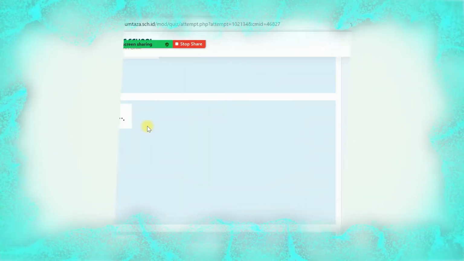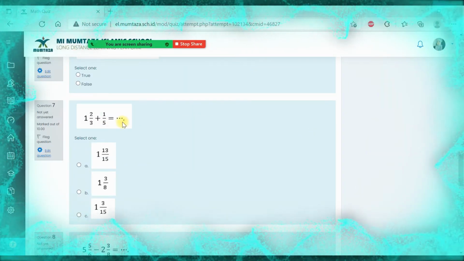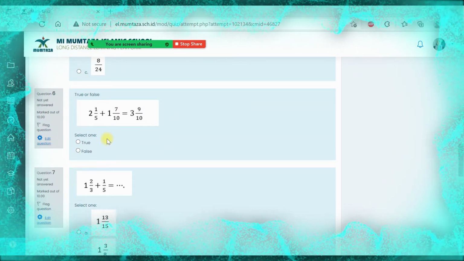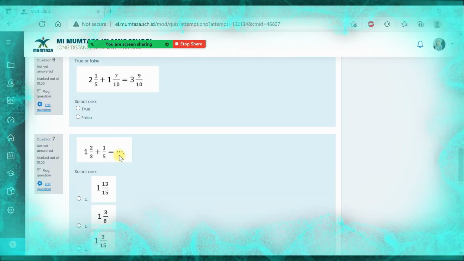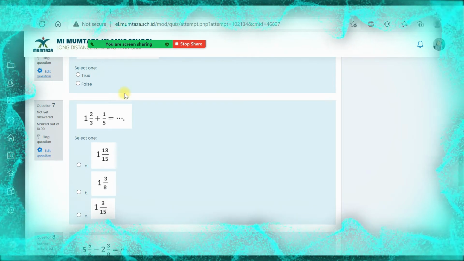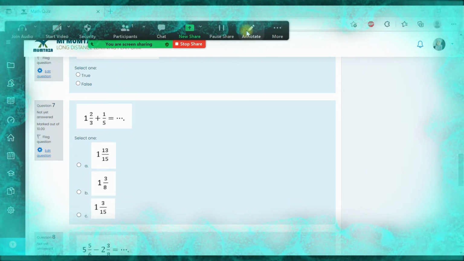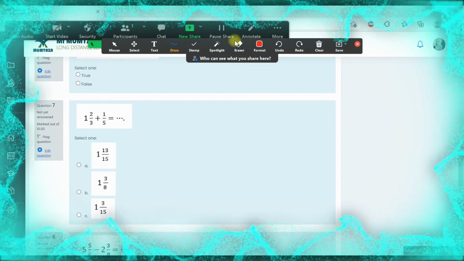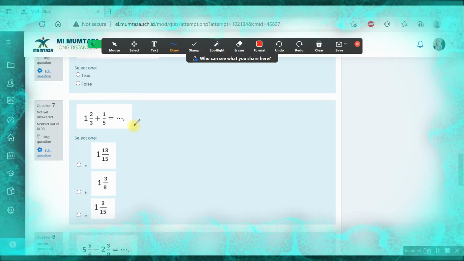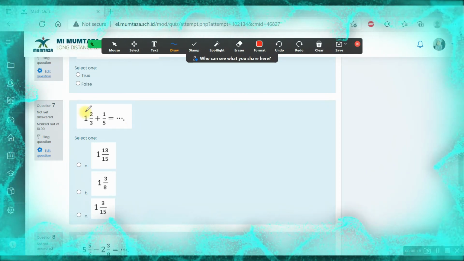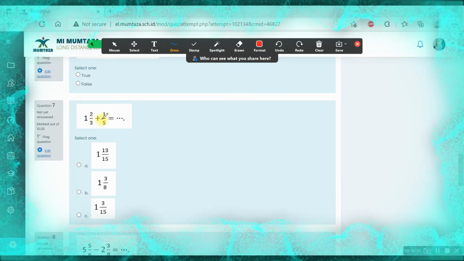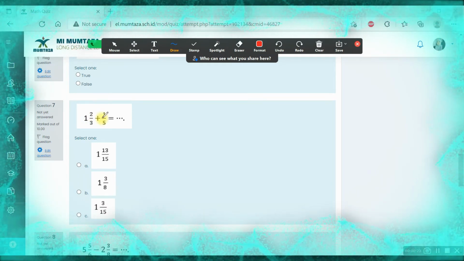Okay, we go to number 7. Number 7 is the same as number 6. It's addition of mixed numbers. So the first thing we must group the whole number with whole number and the fraction with fraction. But look at the second fraction.